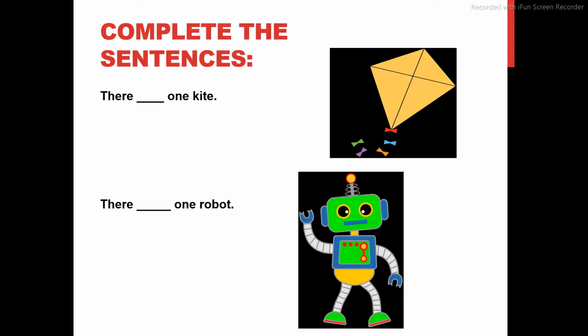So there is one kite. Let's look at the next one. There is one robot. If we look at the picture, there is only one robot.